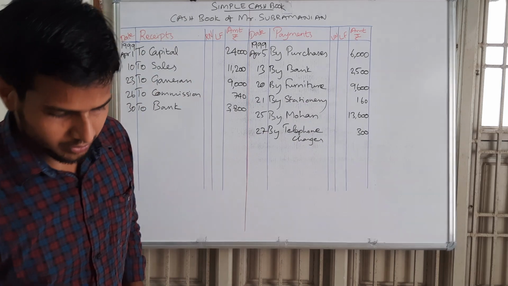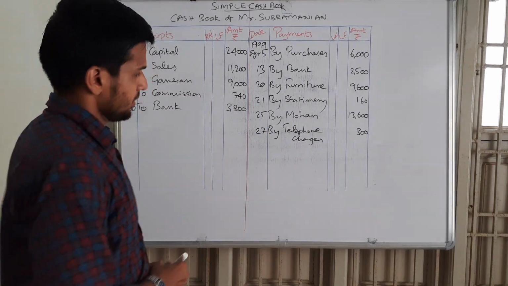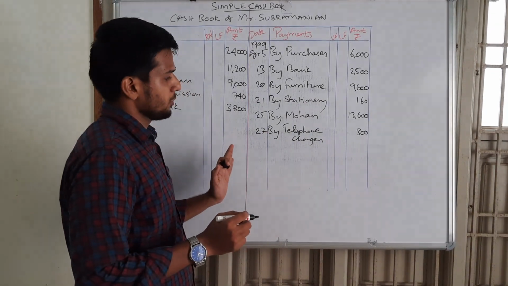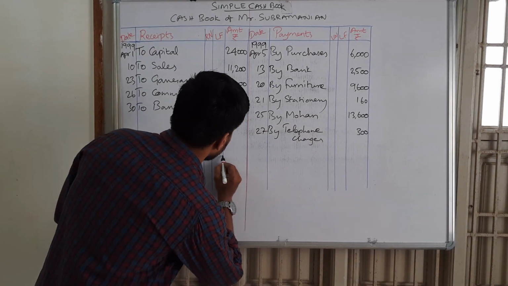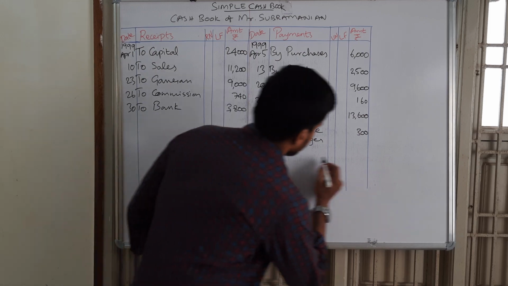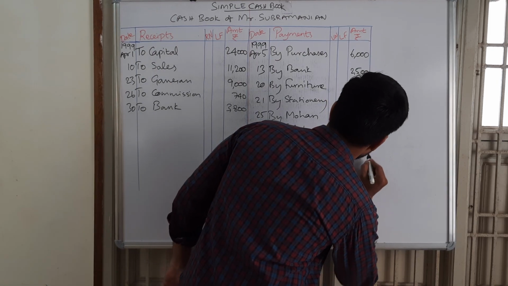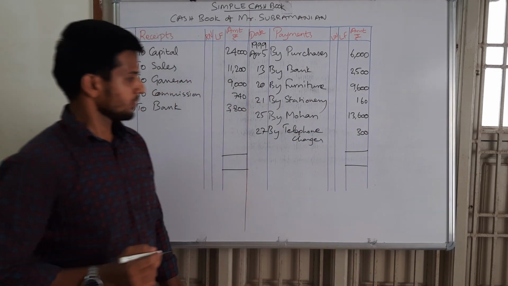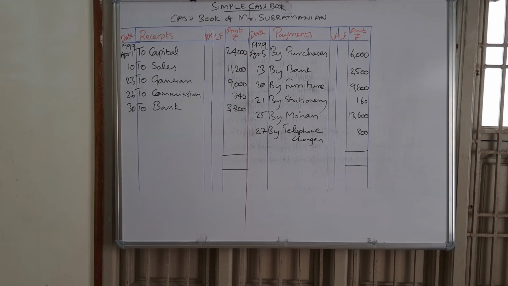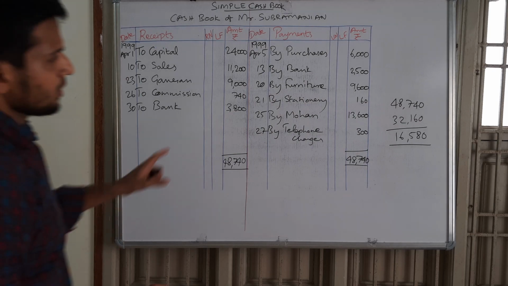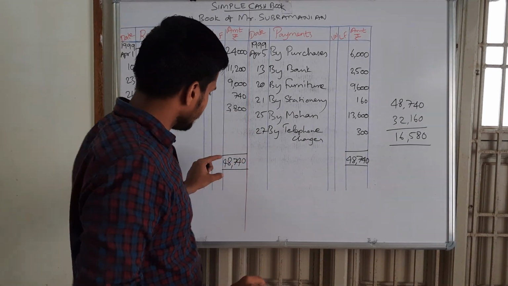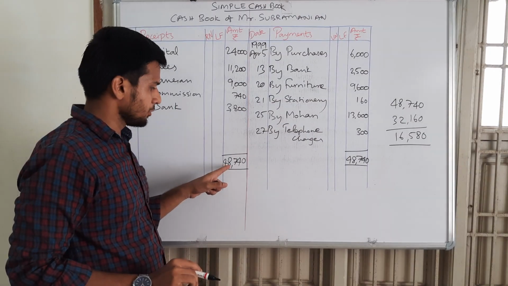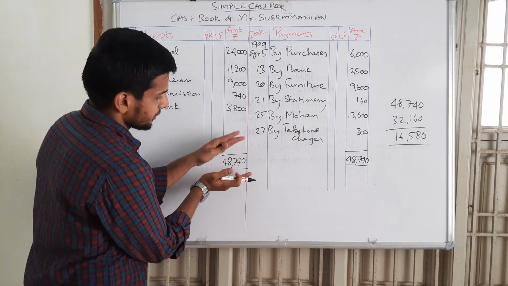And next we put on the total, okay. So this cash book must be balanced, and the closing balance must be found out. Here we found that the greater total is the debit total, that is 48,740, which is on the debit side.